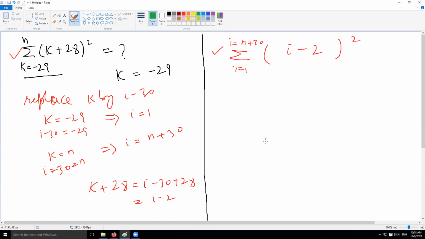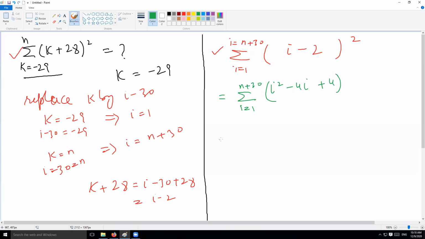And let's now compute this sum. In order to compute it, I need to expand this. If I expand this, I'm going to get i squared minus 4i plus 4.